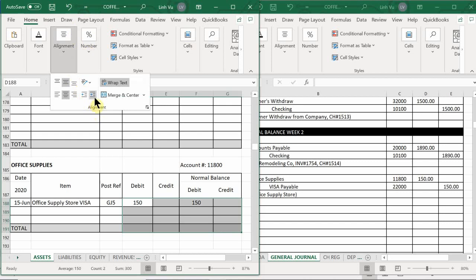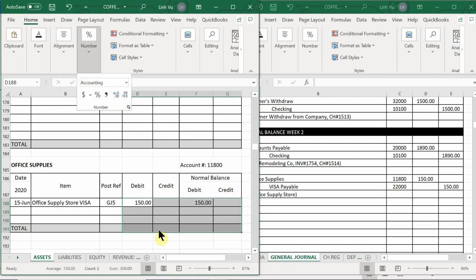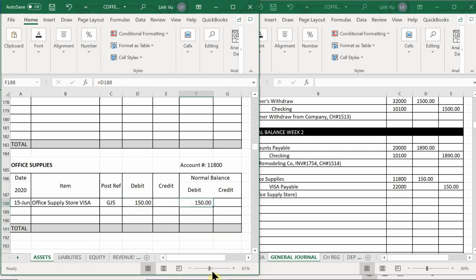So in this case, I'm increasing my debit, but my balance is the first time I'm using this account, so my debit balance is going to be whatever I entered in there, which is the 150.